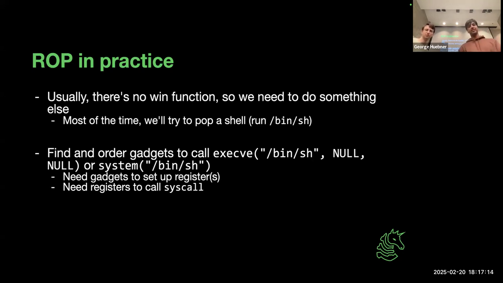Or if you have a libc leak, and you know the address of system in libc, which we'll talk about in a bit, you can just call system bin sh, and that will also pop a shell. Those are 2 of the more common goals of your exploit in a pwn challenge or in a ROP challenge.